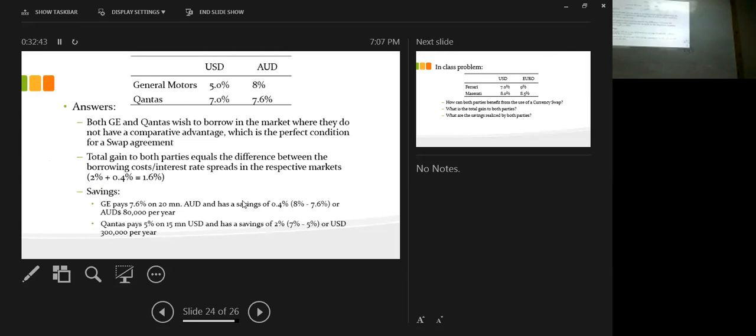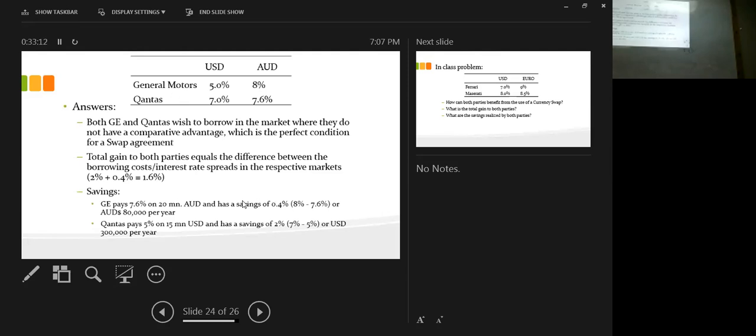They want to borrow in the market where the other party has a comparative advantage. Total gain to both parties equals the difference between the borrowing costs or interest rate spreads in the respective markets. I was really tired, because 2 plus 0.4 is not 1.6.